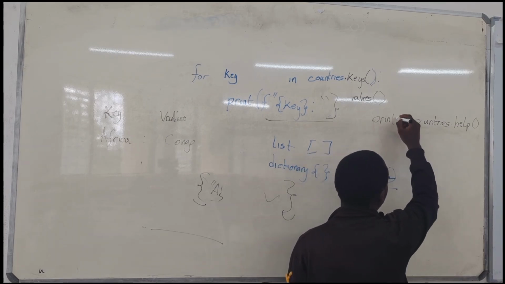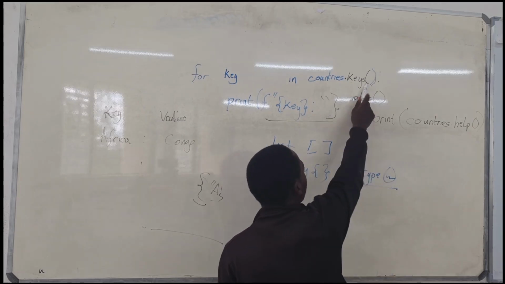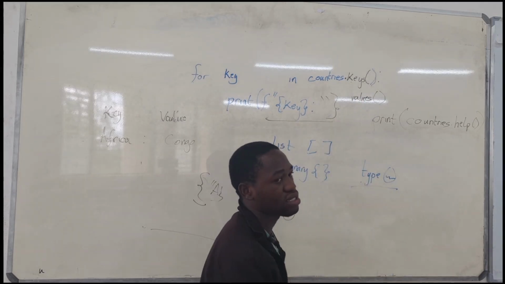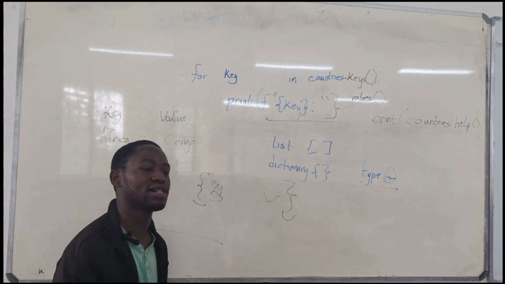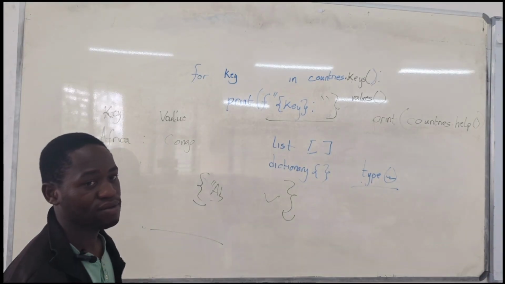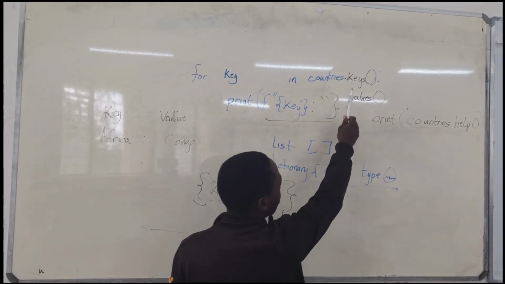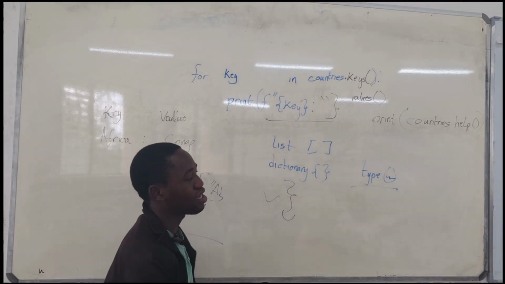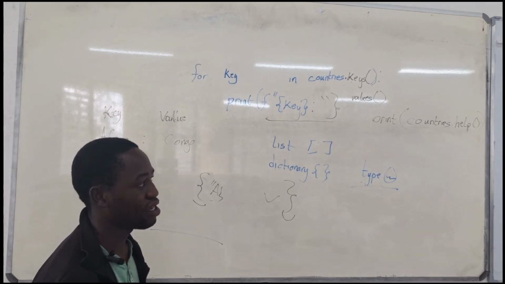Yes, like that. It will give you all the methods you can use with a dictionary: keys, values, get, pop, clear. There are a lot, but the one that's mostly important that we use is the same one that I said, countries.items, that I removed there. Right.